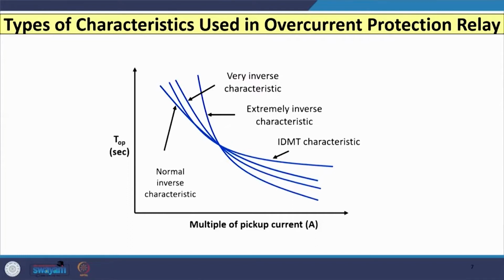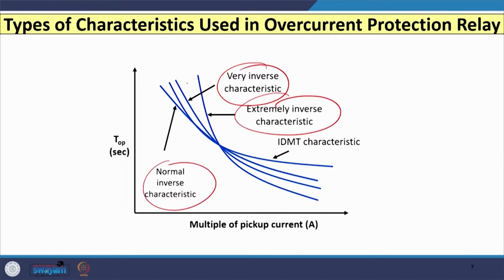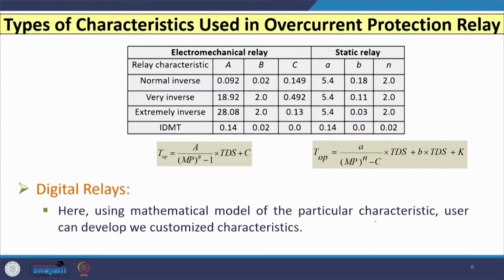If I look at the characteristics of all these, you can see I have shown the very inverse, extremely inverse and normal inverse characteristics in multiple of pickup current versus time of operation of relays in seconds. Along with that, I have also shown the IDMT characteristic, which is here. As you move ahead, the characteristic becomes steeper and steeper.